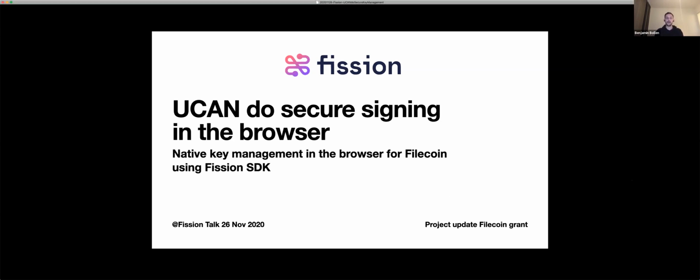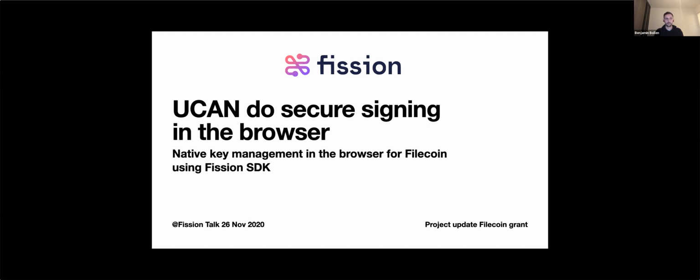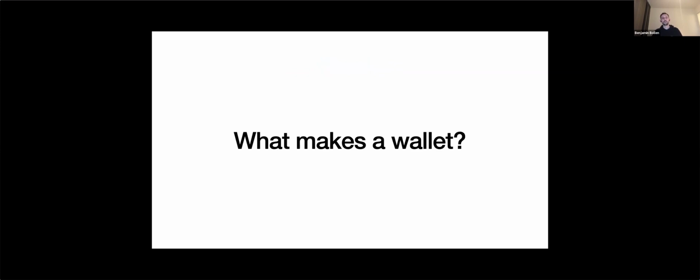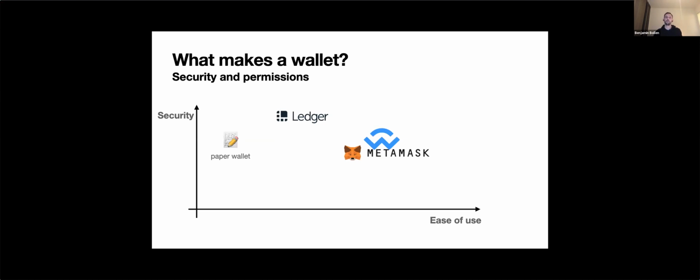Kicking it off, the main question we want to answer before we get started is: what makes a wallet? The immediate concern will be the security of the wallet, but also the ease of use of the wallet comes to mind.